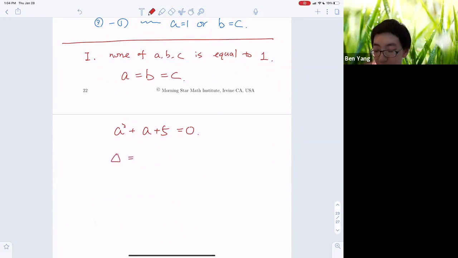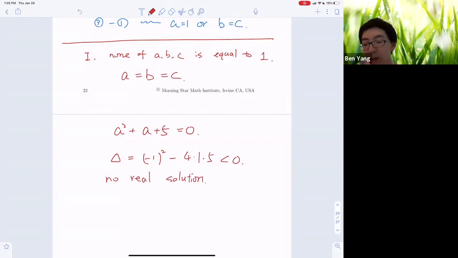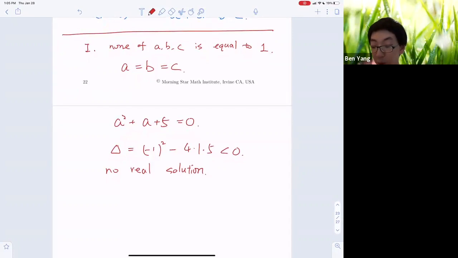So the discriminant is minus 1 squared minus 4 times 1 times 5. That's clearly smaller than 0, so no real solution. That just means our first case doesn't work.